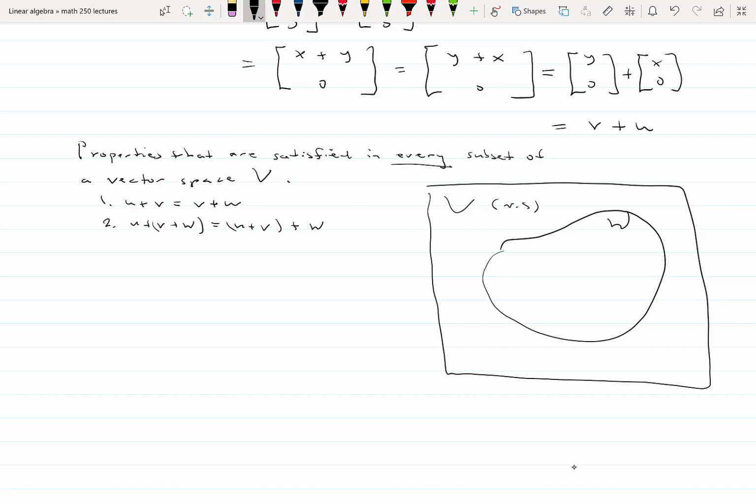The first 2 properties hold everywhere, no matter where you are in the subspace. The third property, the existence of a 0 vector in a vector space, holds at only 1 element in the vector space V. Why only 1 element? Because we finished proving in the last section that the 0 vector is unique. There's only 1. So where is it?